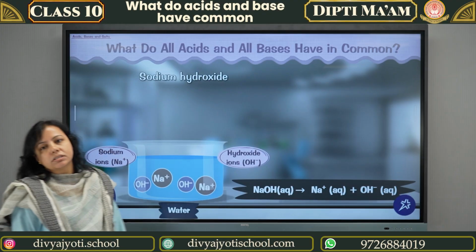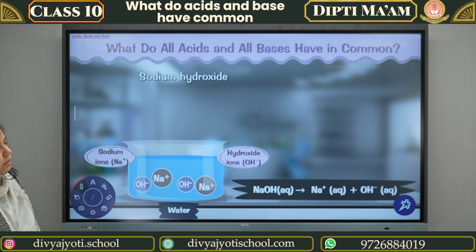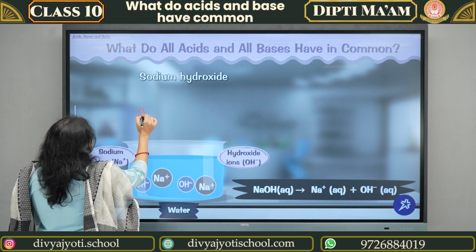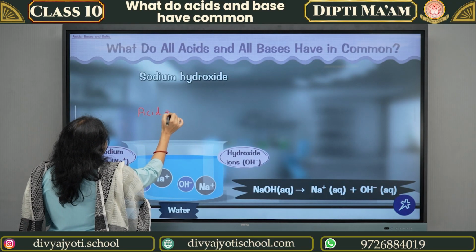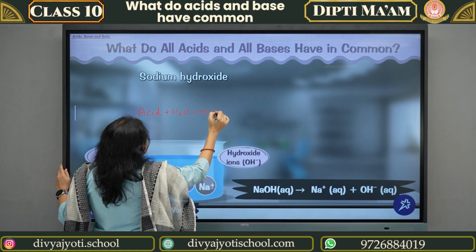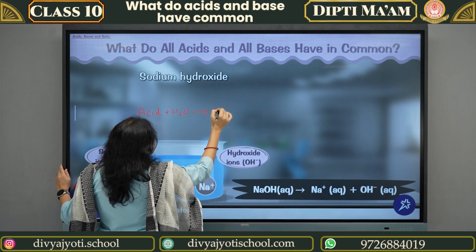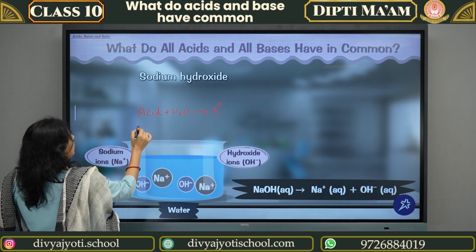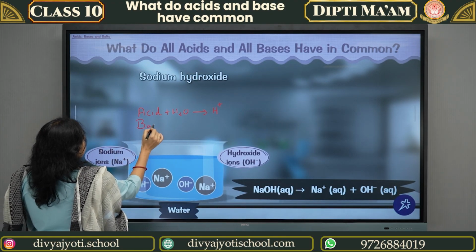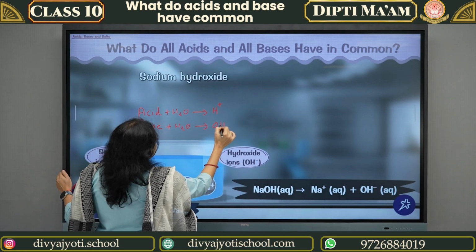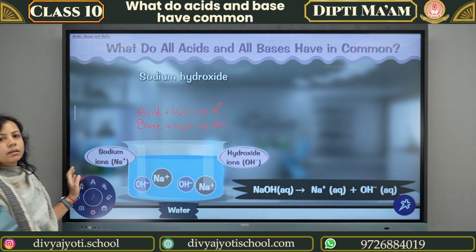and the name of the OH- ion is hydroxide ion. So you can see here, if an acid reacts with water, it will form the H+ ion, the common ion in acids. If any base reacts with water, it will form the OH- ion.